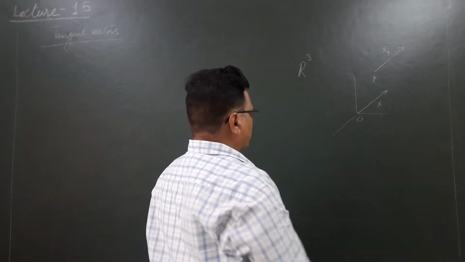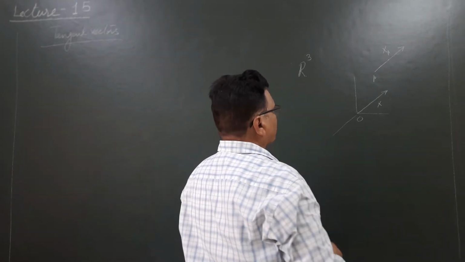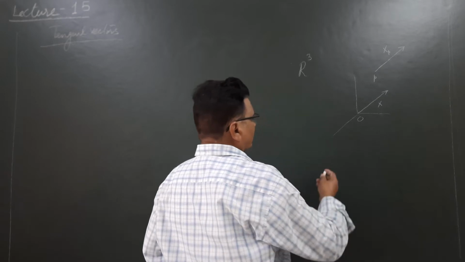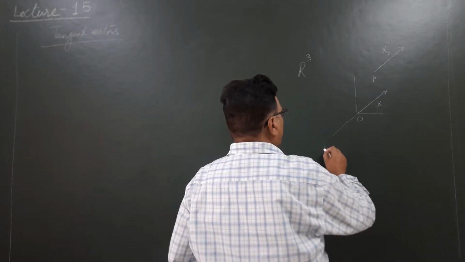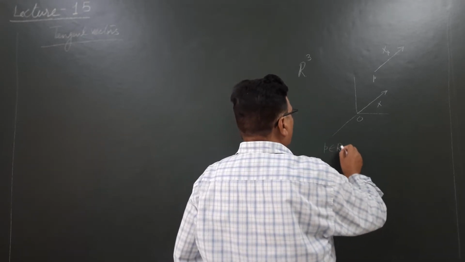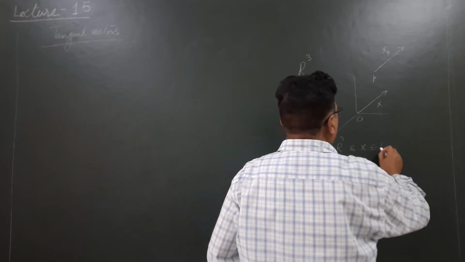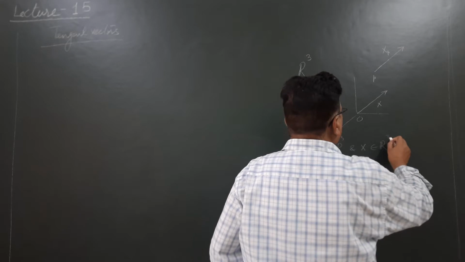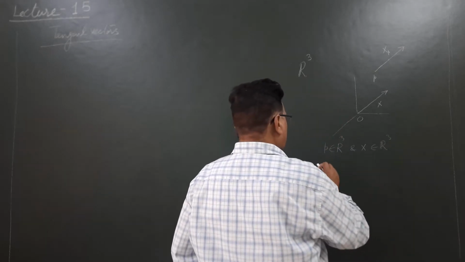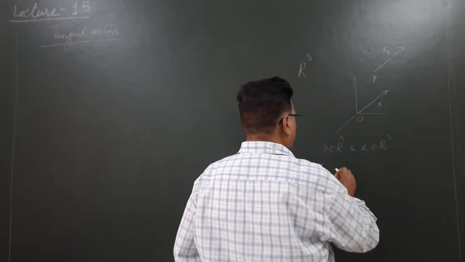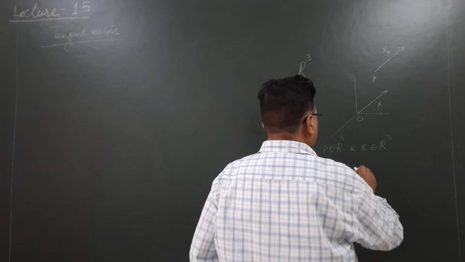If you want to say the same thing in mathematical notation, you will say if P is a point in R3 and x is a vector of R3, then by xp, the tangent vector at P, you actually mean P plus x.